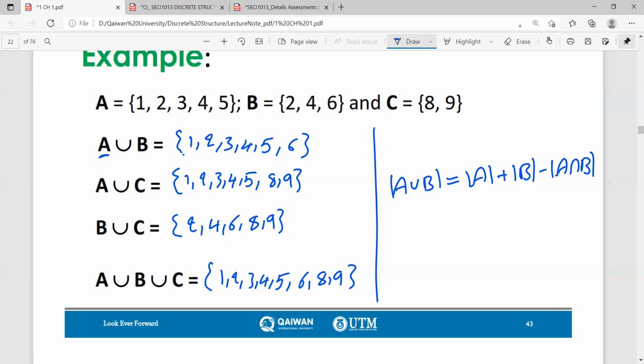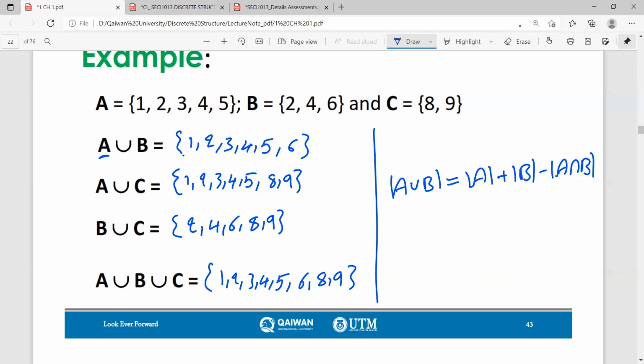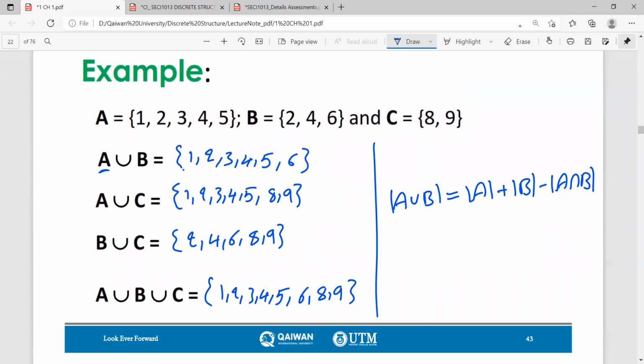A union B and B union A are the same. Yeah, it's commutative. We will talk about that. Intersection and also union are commutative. We say A union B is the same as B union A.